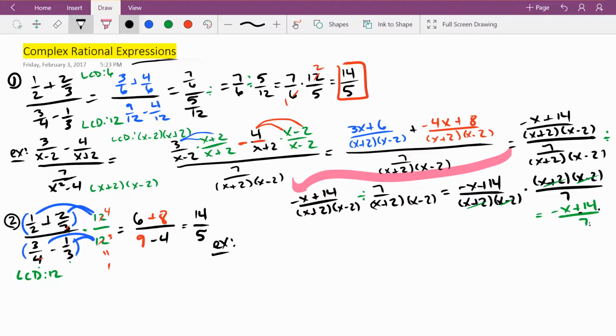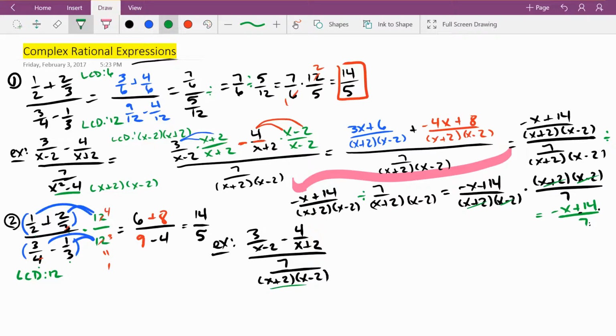Okay, but let's do the same example, method 2. 3 over x minus 2 minus 4 over x plus 2, all over 7. X squared minus 4, let's go and write the factored way. Save ourselves a little bit of work since we already know that x squared minus 4 factors.